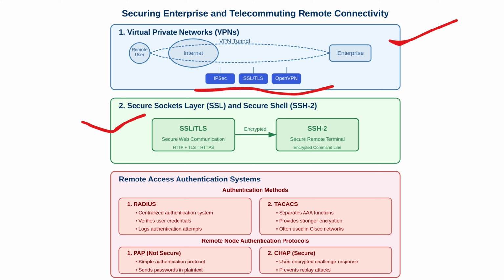And SSH2 provides secure remote login capabilities, encrypting commands and file transfers. Many remote workers connect to corporate servers via SSH, so restricting SSH access and using strong authentication are critical for security.